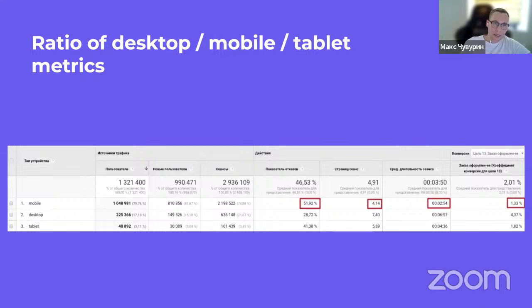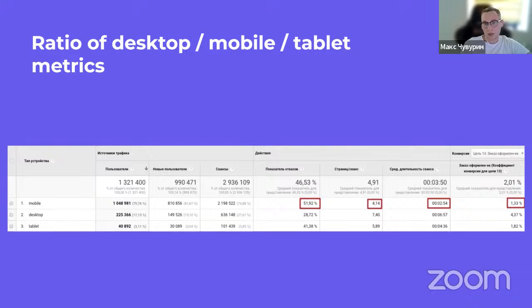Well, next I would go with devices: desktop, mobile, tablets, metrics. It is not a secret that mobile traffic usually prevails over desktop in many projects. And it's important to understand the magnitude of these differences.